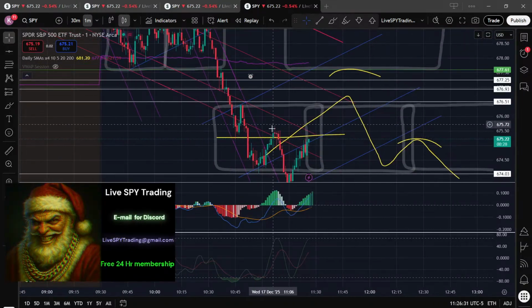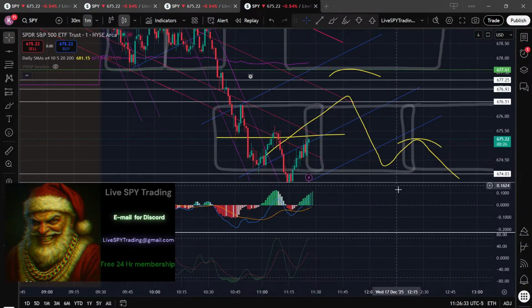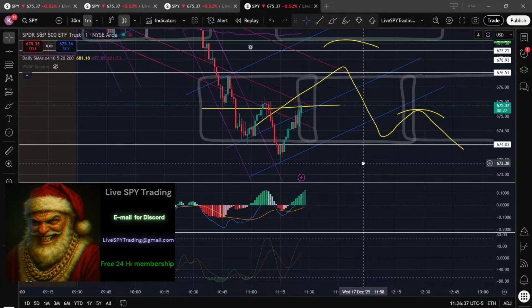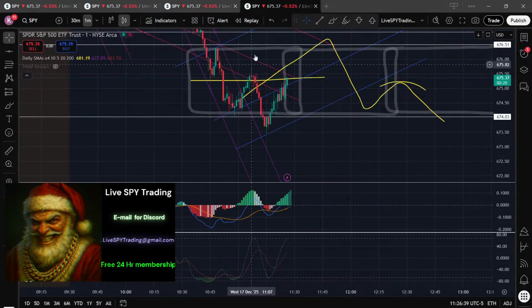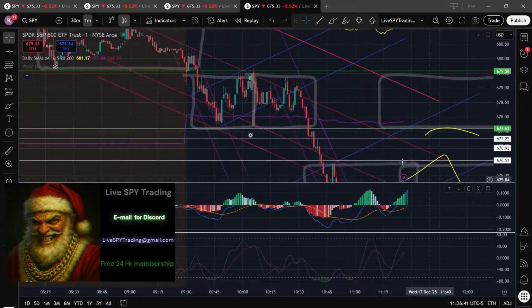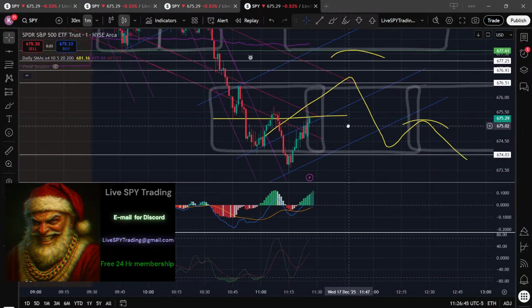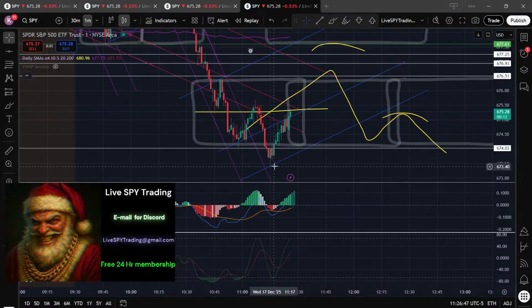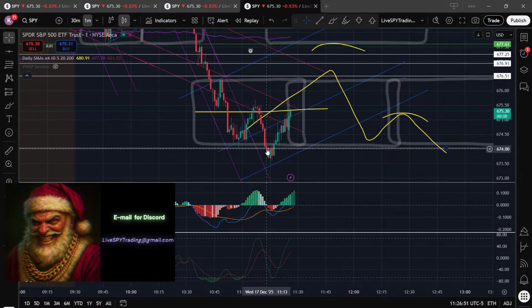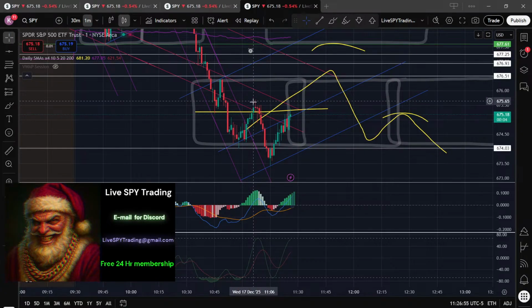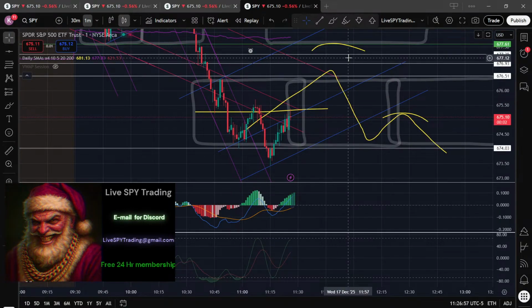For puts, I want to see us break this liquidity and then come back into liquidity, similar to what we went through this morning. It's going to be the same thing. However, because we dipped below, I'm open to the possibility of it just being a liquidity grab to push back up.